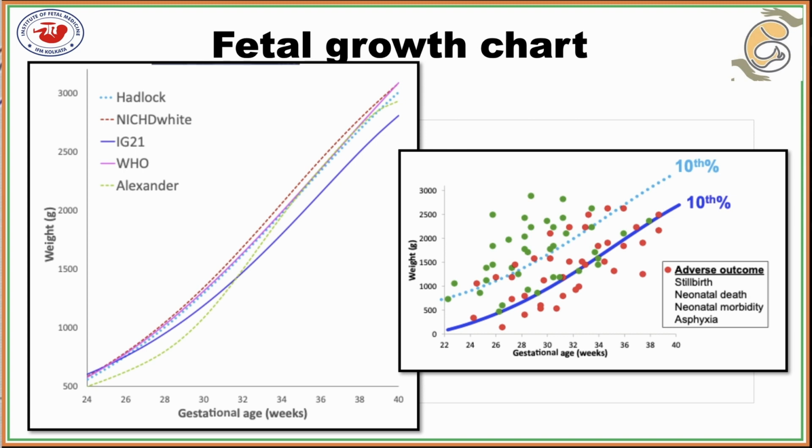So this 10th percentile line will pick up more cases of adverse pregnancy outcome, but at the same time it will also raise a false alarm for a lot of normal cases. And this 10th percentile line will miss these adverse pregnancy outcome circles, at the cost of picking up fewer true positive cases. So which is better? You want to be on this or you want to be on this?